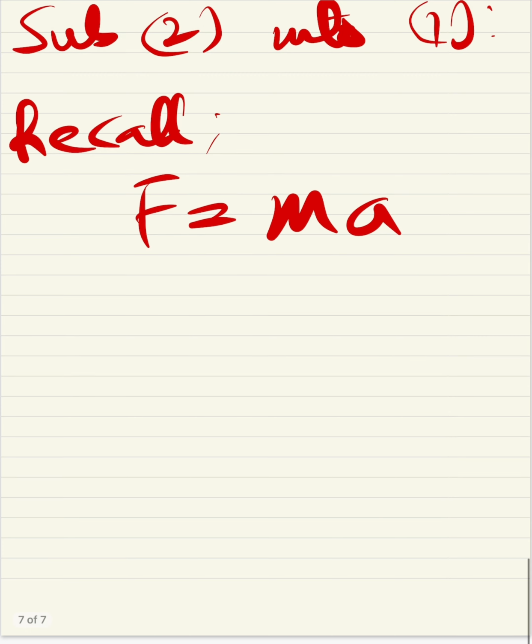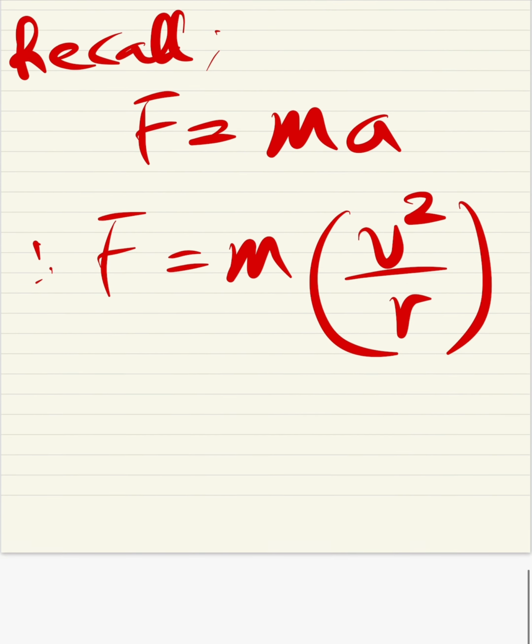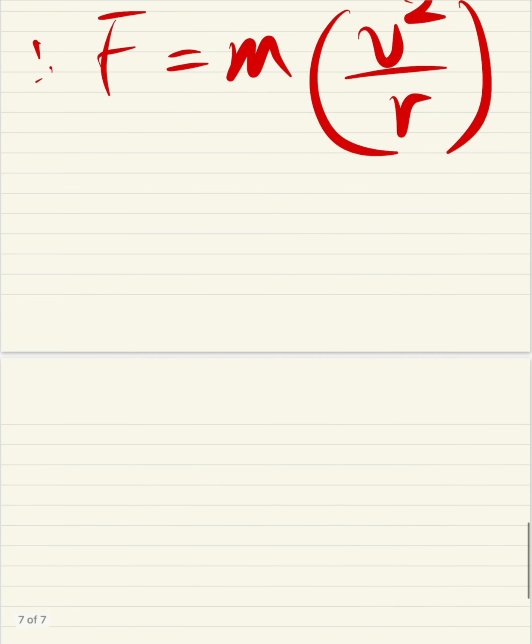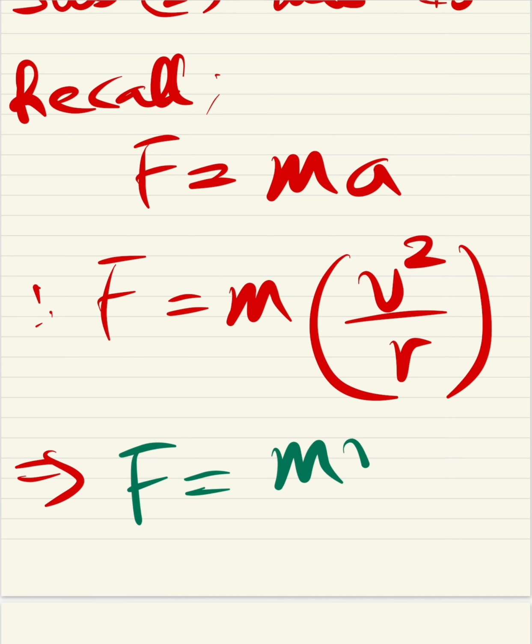So F here is going to give us m, and now our A is V squared over R. F is the centripetal force here, because A is now representing the centripetal acceleration. So therefore, that F we are looking for is going to give us mV squared over R.